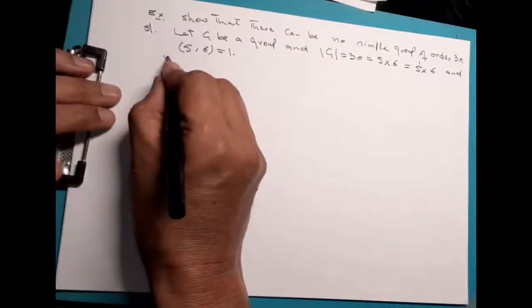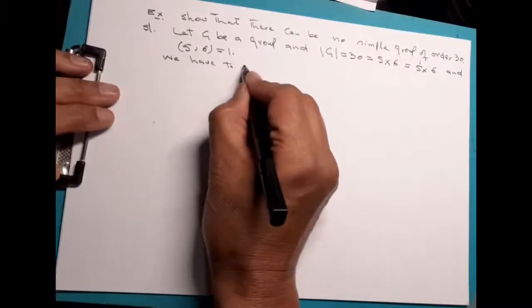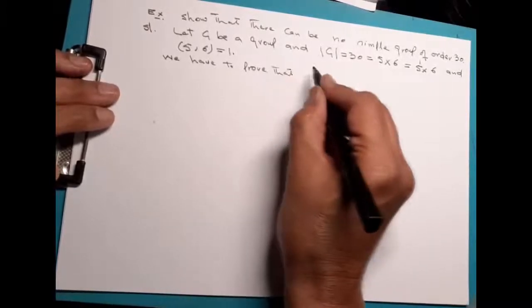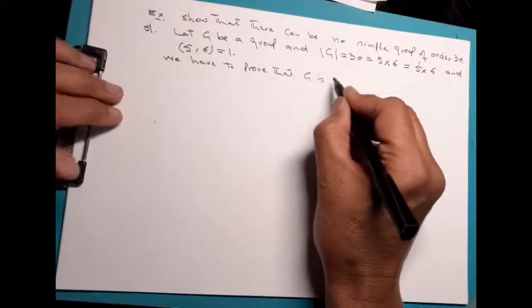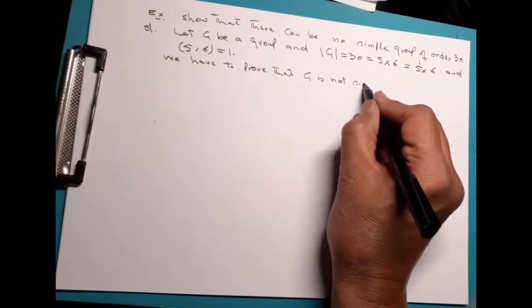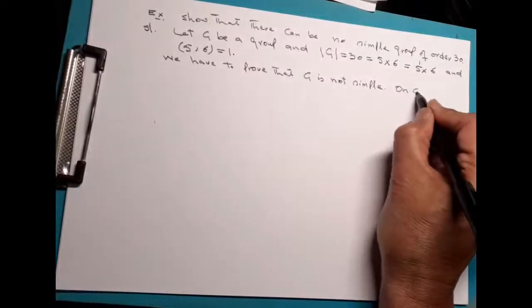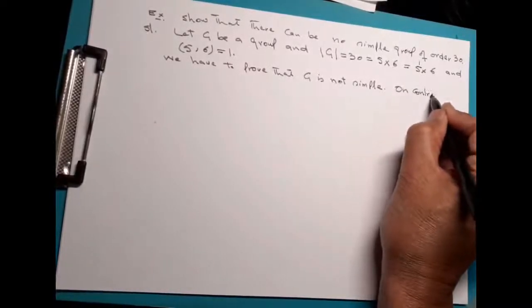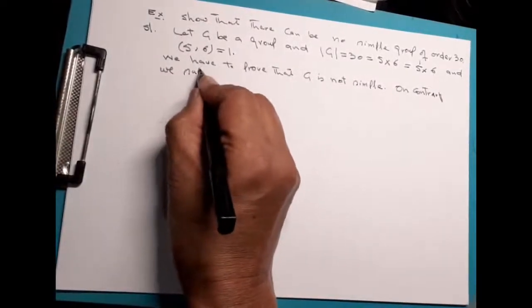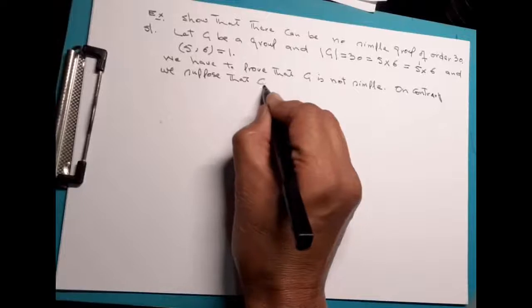So we have to prove that G is not simple. On the contrary, we suppose that G is simple.